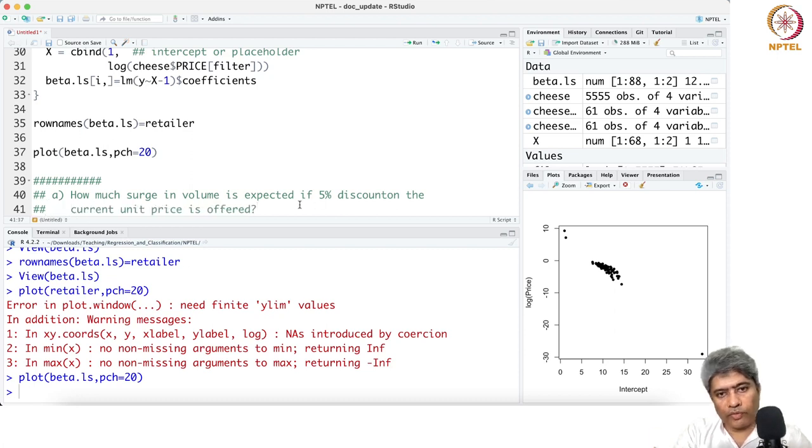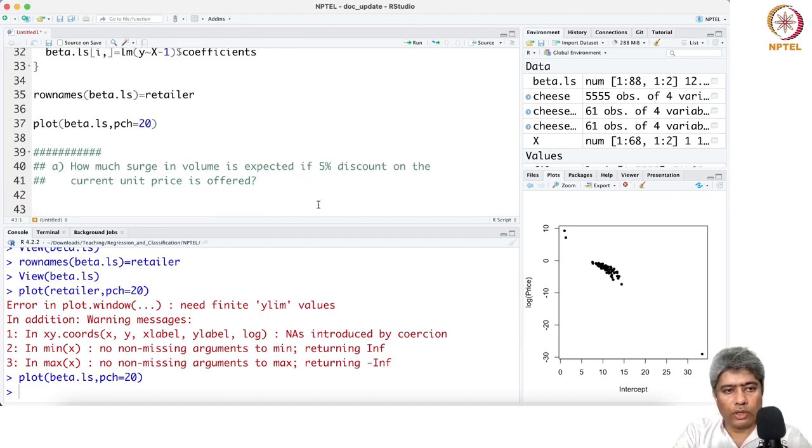If I give a 5% discount on the current unit price, how much surge in volume sales can I expect? Then how much will be the effect on revenue?